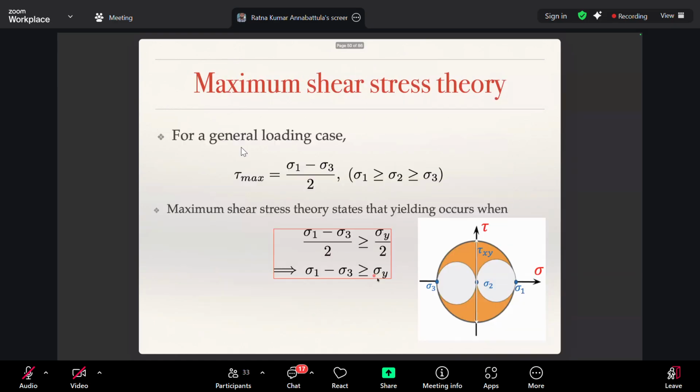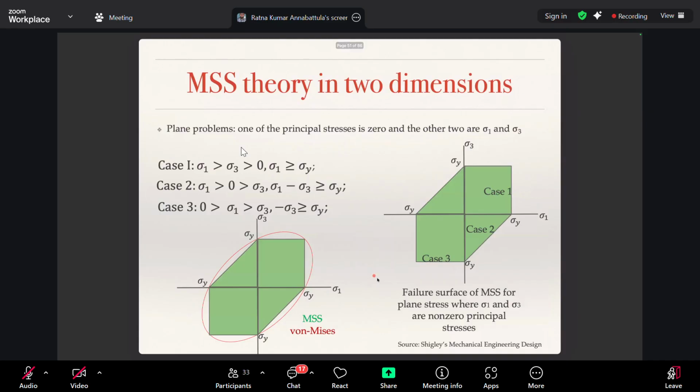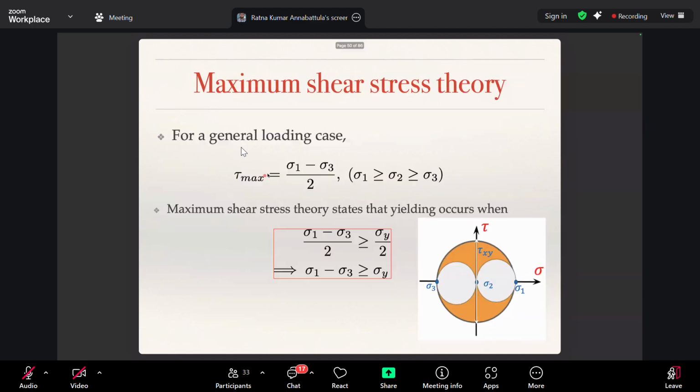All right, so now let us try to draw the failure surface. This is the case for a three-dimensional state of stress where sigma 1 is greater than or equal to sigma 2, which is greater than or equal to sigma 3. So sigma 1 and sigma 3 are the maximum and minimum principal stresses. Now I would like to draw the failure surface in 2D, that means for the case of a plane stress problem.